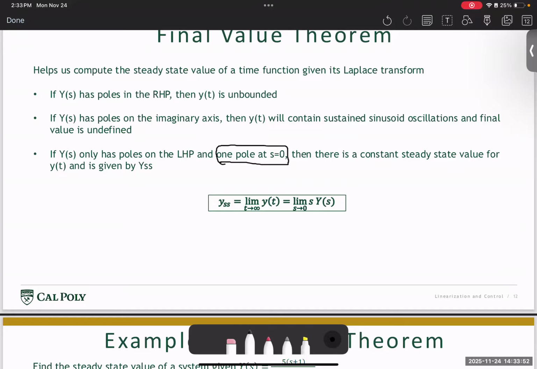This is given by the limit of s times Y of s as s tends to 0.